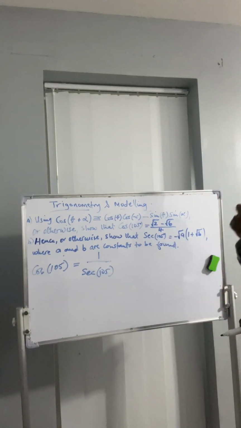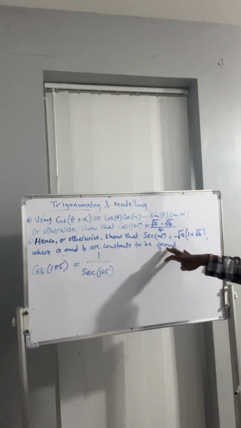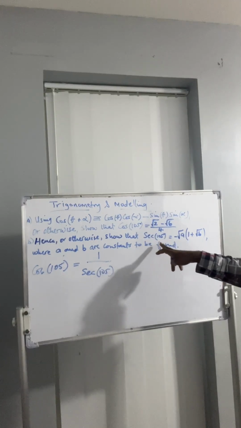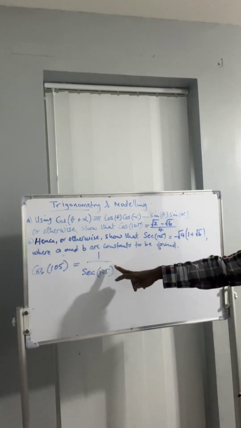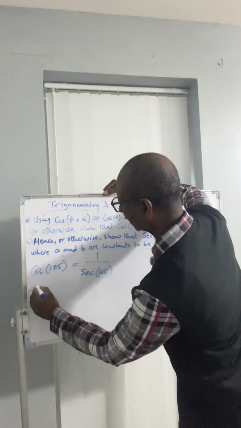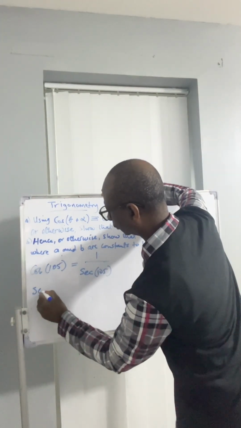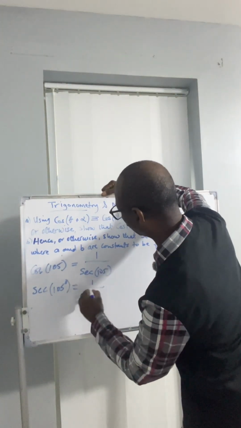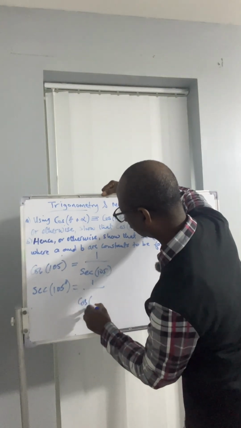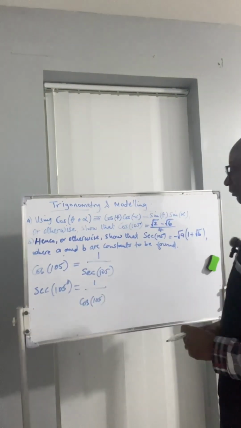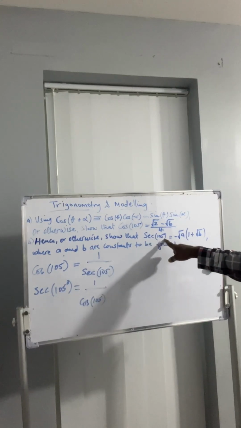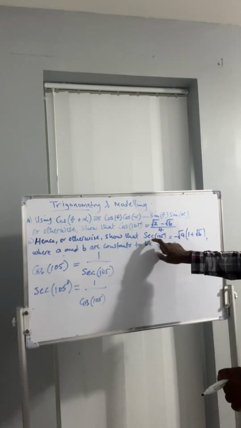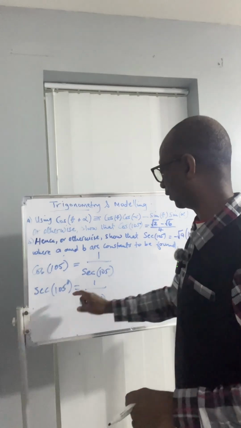But already, we know what the cosine of 105 is. They want the secant to be at the top, which means the secant of 105 degrees is equal to 1 all over the cosine of 105 degrees, because we are asked to show that.